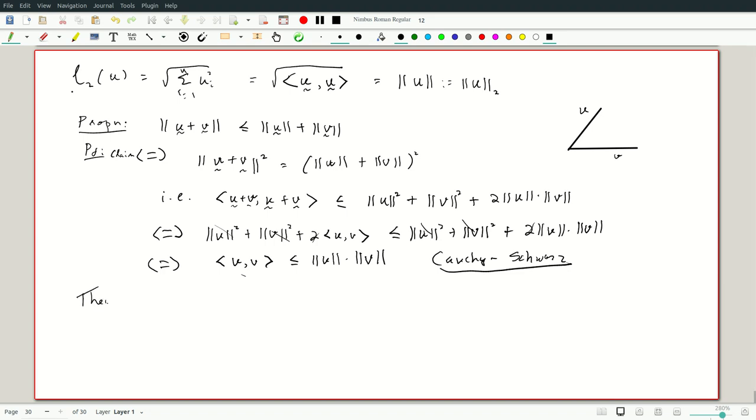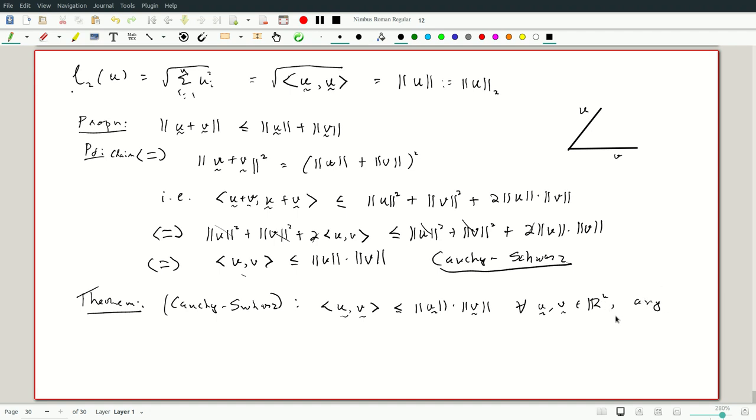Okay, so theorem, this is Cauchy-Schwarz. Okay, so the absolute value of the inner product of u, v, and I can put a mod here also, but I won't bother because you can deduce that from here, is less than or equal to norm u times norm v, for all u, v in Rn or any inner product space.